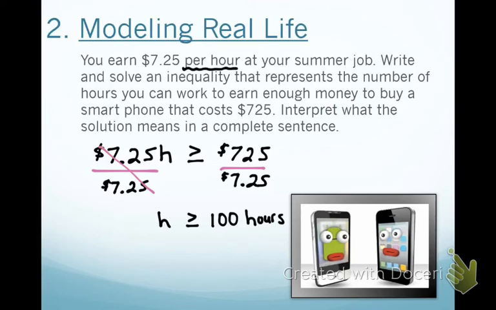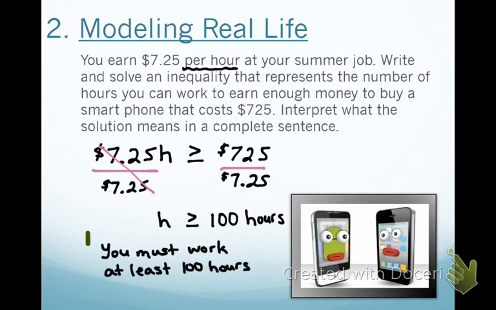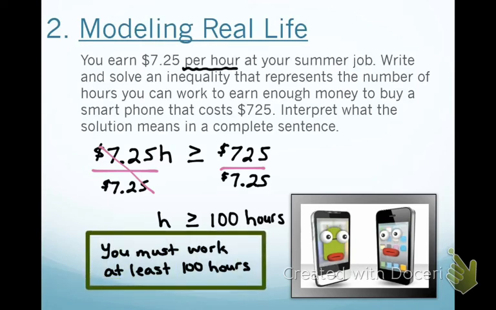H is greater than or equal to 100 hours. Yes, you have to work at least 100 hours. So let's write that down. That's a lot of hours, isn't it? Would you be allowed to work more than 100 hours? You would, but the key word, at least, the smallest amount is you could work 100 hours and that would pay for it.